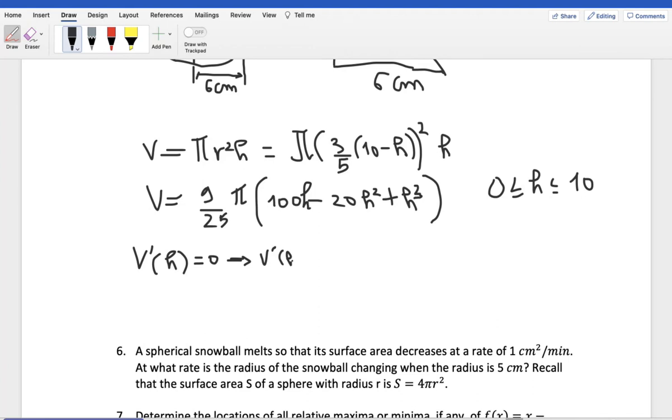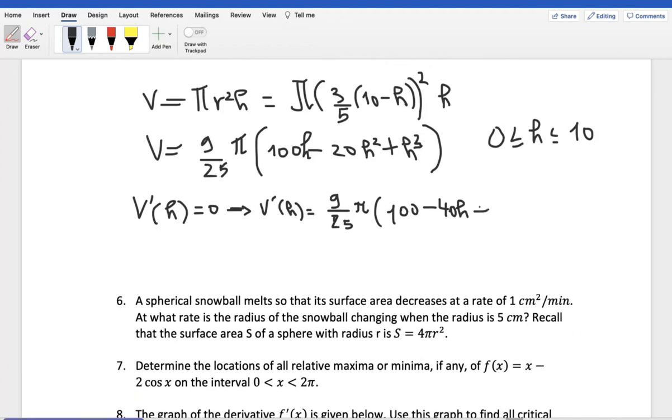The derivative of the volume is equal to, again, 9 over 25 pi multiplied into 100, derivative 100 minus 40h, because it's 20 multiplied by the 2 that comes down, plus 3h squared.